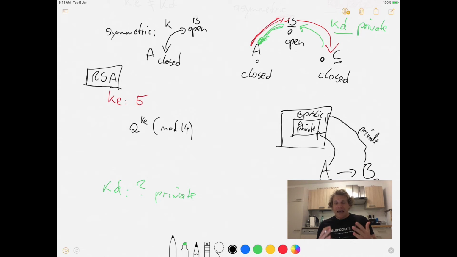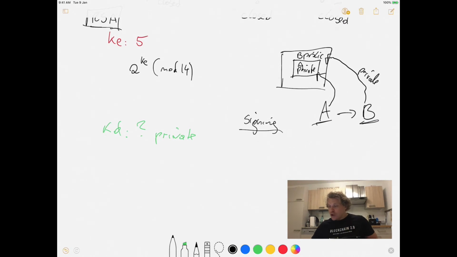So what normally happens in asymmetric cryptography is that you always use your private key to sign a message. That's what's called signing. And you use the public key of the other person to encrypt it.